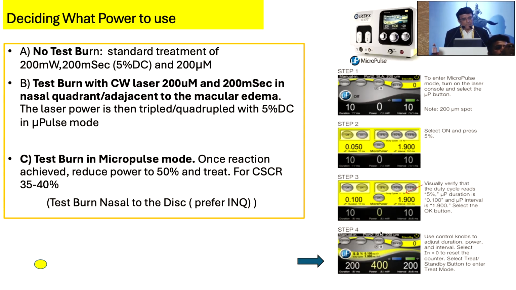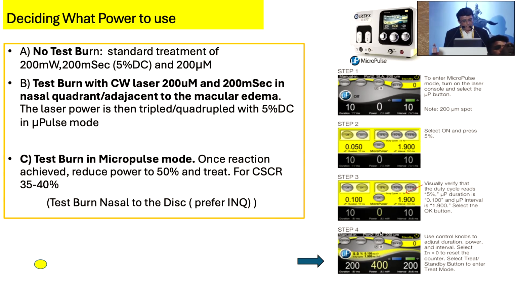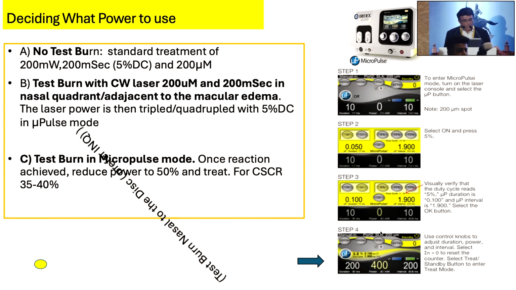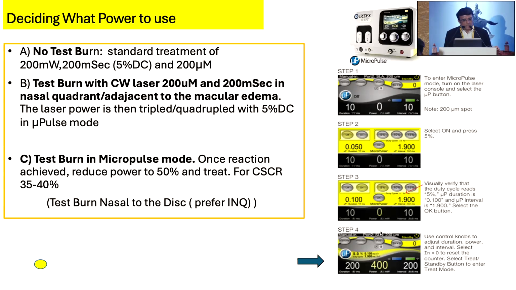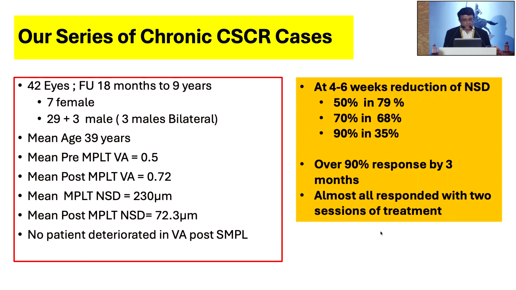And these are the various methods of titrating. What I do is that I do a test burn in the micropulse mode, and this is done nasal to the disc, and then we reduce the burn percentage and bring it down to about 35 to 40% of the micropulse laser burn.